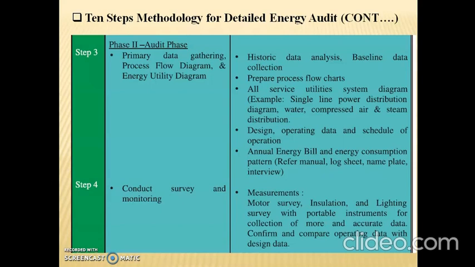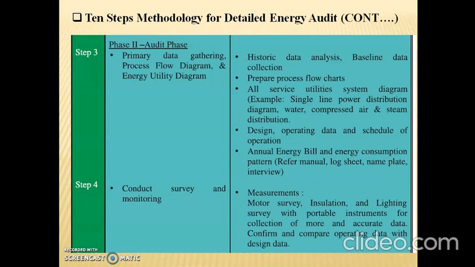In the fourth step, conduct survey and monitoring. In this step, the actual measurements are taken, like motor survey, insulation and lighting survey with portable instruments for collection of more and accurate data. So for motor survey, you go for the actual current and voltage consumption.